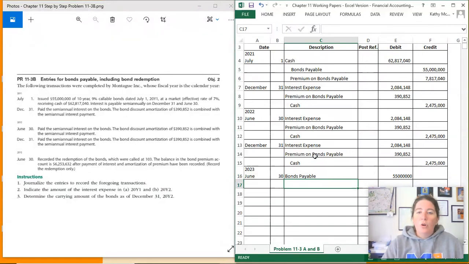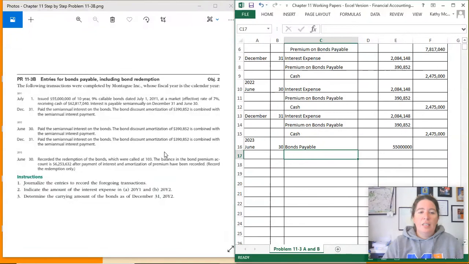The next thing we're going to do, right here we had a premium on bonds payable of $7,817,040. We had a credit. We've debited $390 here, we've debited $390 here, we've debited $390 here. If we were to go through and do that math, we would see that the amount remaining is $6,253,632.